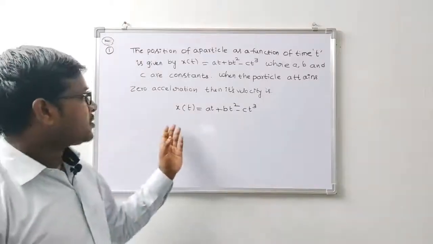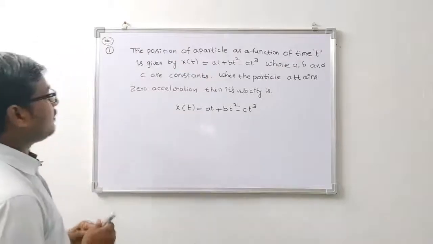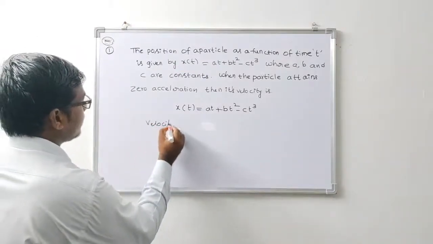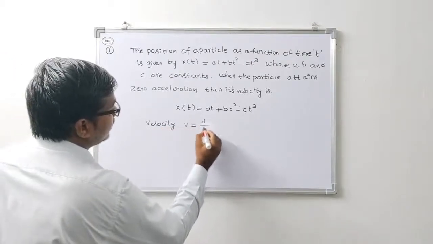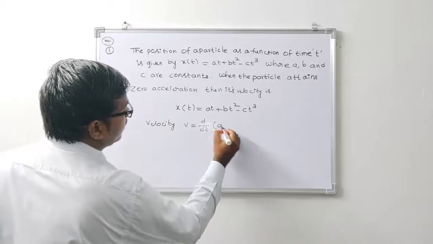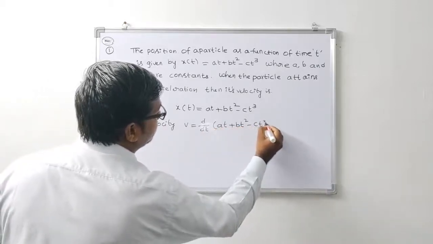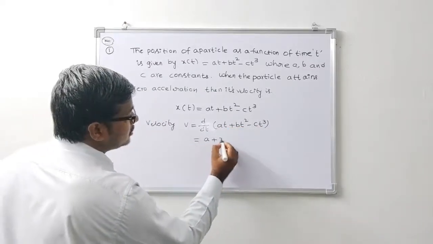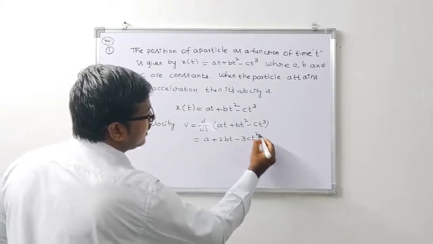Okay, derivation applied, then velocity v is equal to d by dt of at plus bt square minus ct cube. With derivation applied, a plus 2bt minus 3ct square.